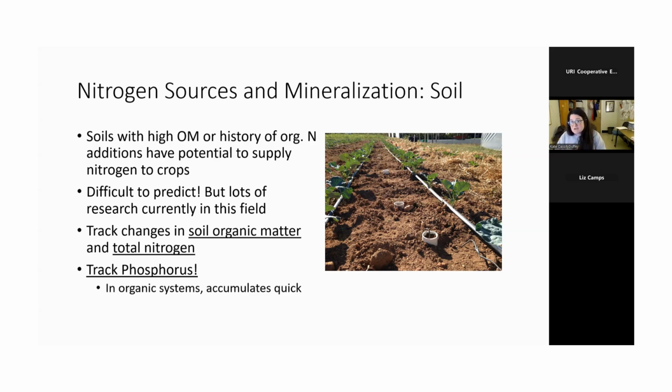Track the total nitrogen of your farm, have a feeling on how much you're putting down, and track phosphorus. In organic systems, it accumulates very quickly, and it's a good idea to keep your eye on that. A lot of the farmers I know, as they watch their organic matter build, start to cut back on those fertilizer applications. They first start with a quarter and then a half, and then they're able to balance the differences of these rich organic soils with plant needs.